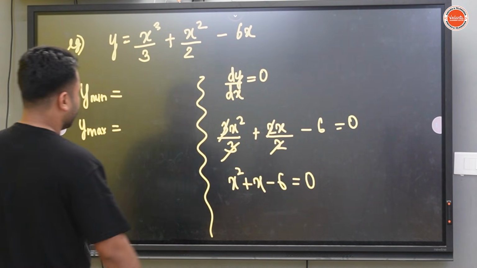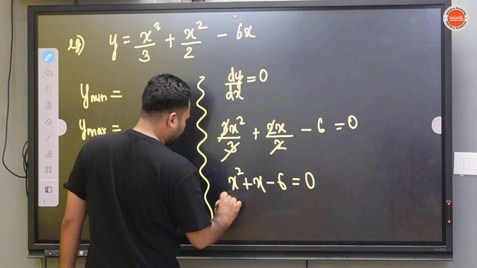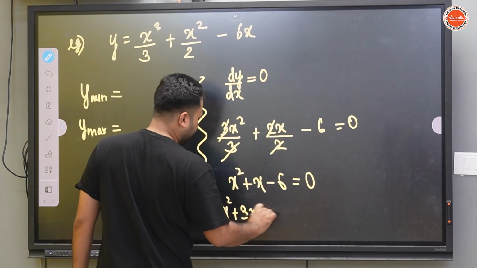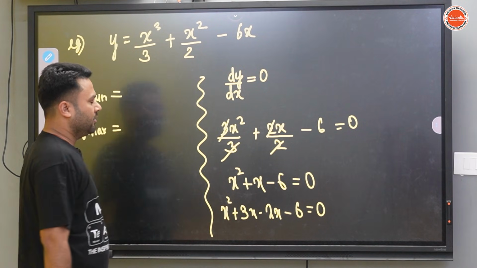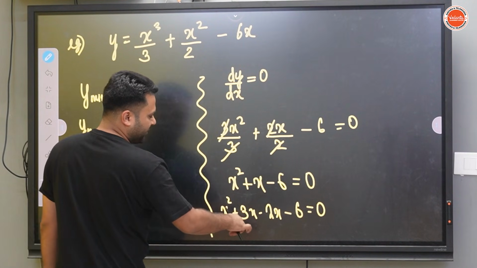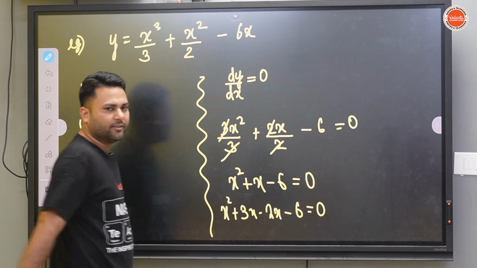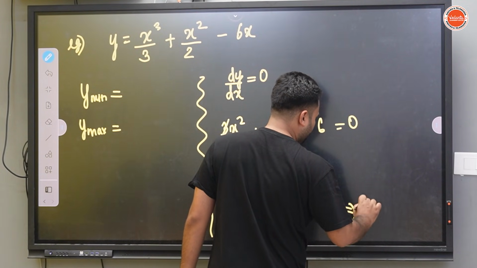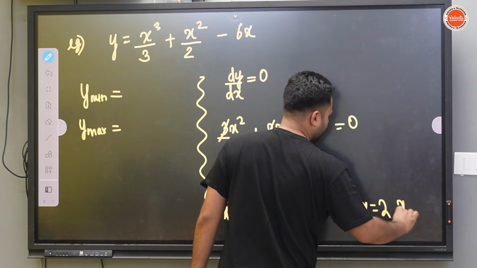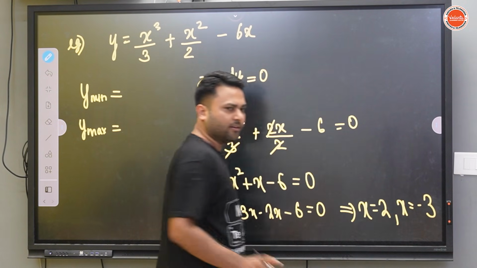You can solve by factorization or the discriminant method. x square plus 3x minus 2x minus 6, so x plus 3 times x minus 2 equals 0. So what roots did we get? We got x equals to 2 and x equals to minus 3. You can check, we did it yesterday.